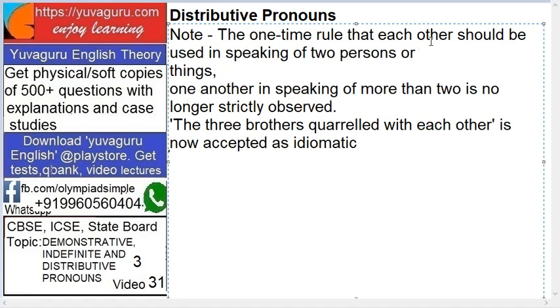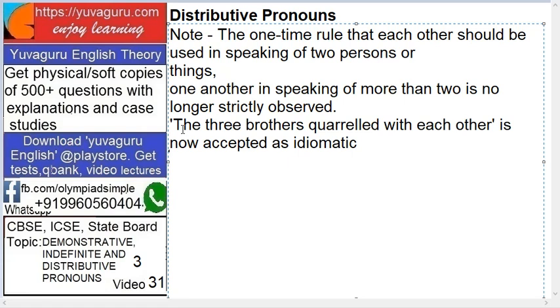Each other is used in the case of three or more persons also, but that is actually wrong. Although it is wrong, in general English while speaking of four persons also, we say each other. In exam, if it comes, it should be two persons, each other; more than two, one another.